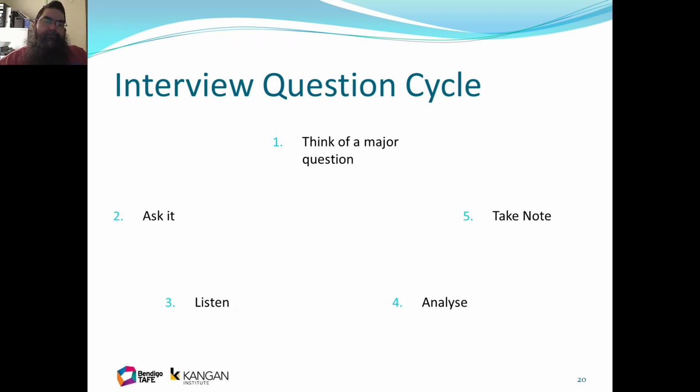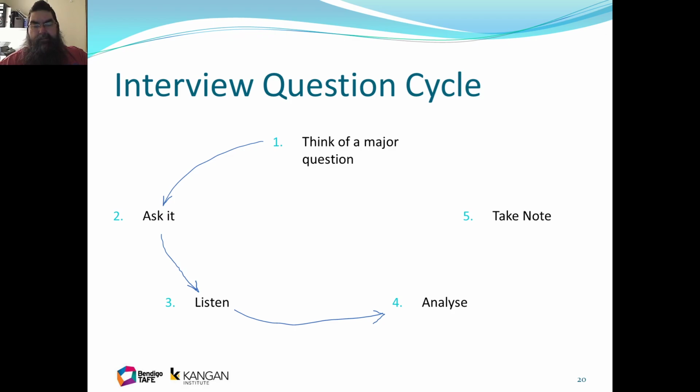The general interview question cycle: you come up with your list of major questions. Within the interview, you ask the question and you listen for the answer. This is very important, as a lot of people have preconceived answers already. You've got to actually listen to what's being told by the interviewee.